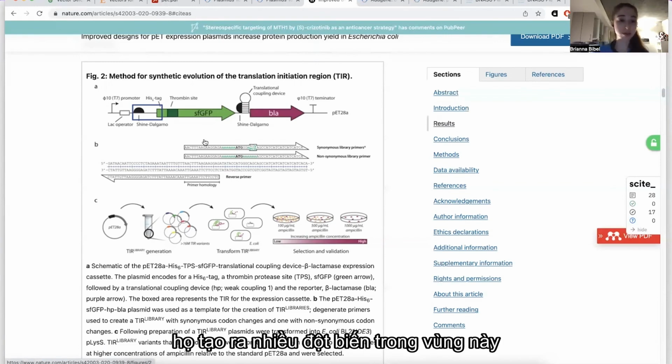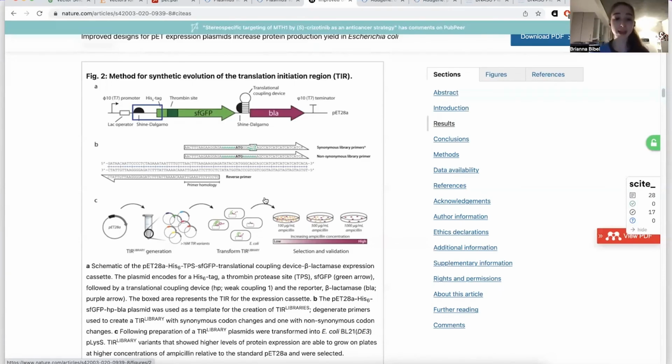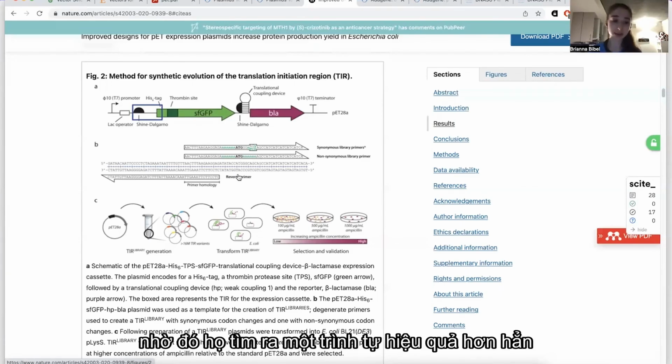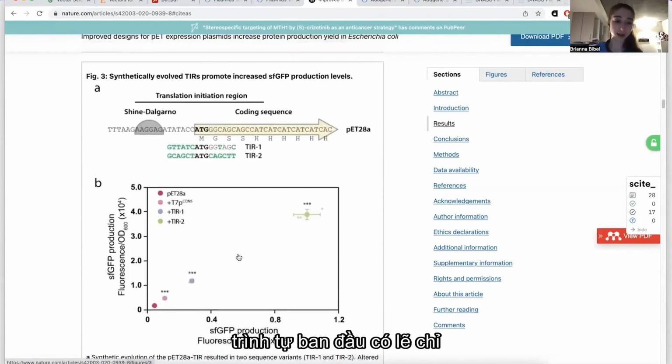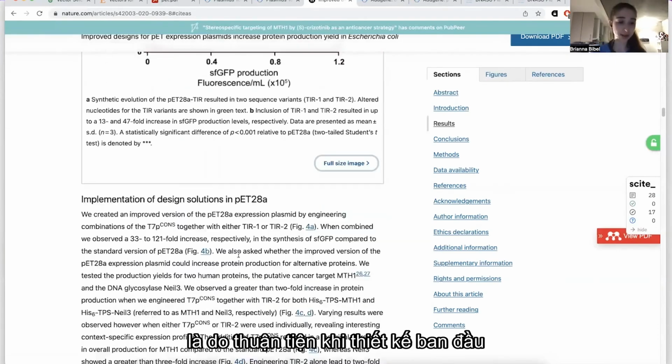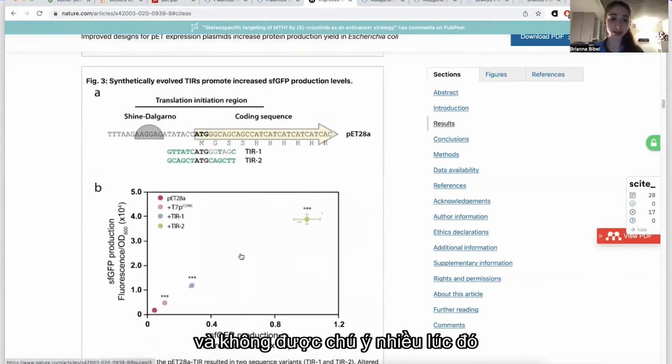They made a bunch of mutations in it and selected for the ones that were best at making their protein. This allowed them to find a sequence that was a lot better than the sequence that was already in there, which they say was likely just there because of how they were cloning things together, and not much thought was given to it initially.